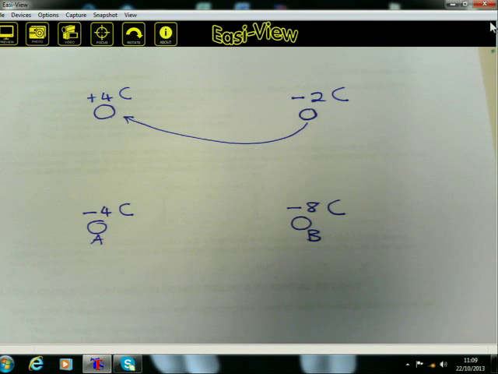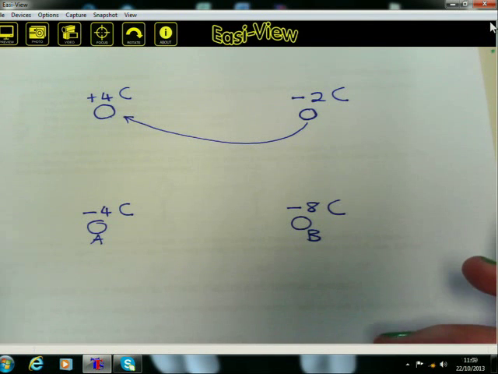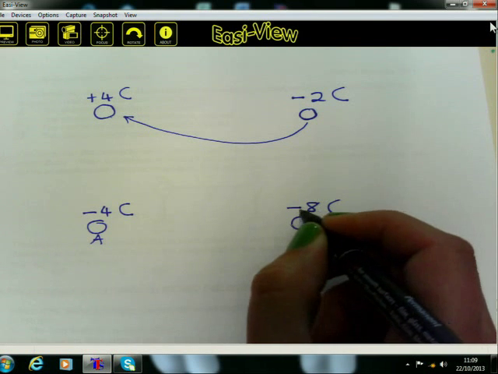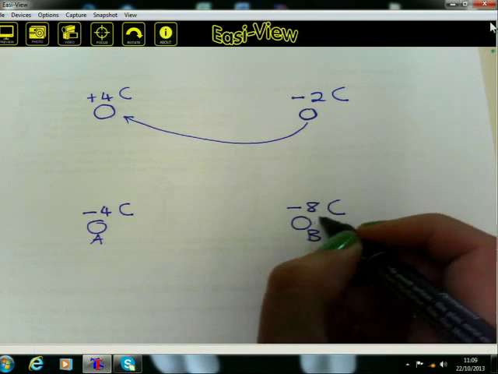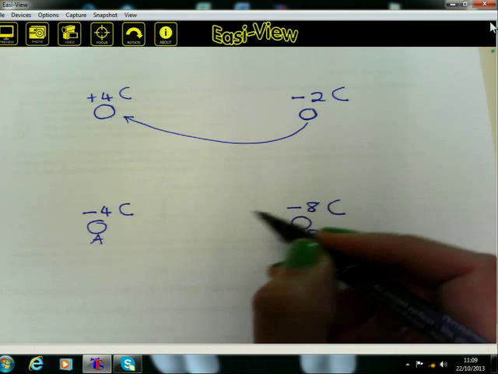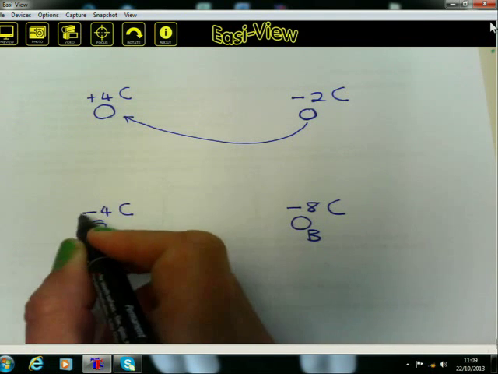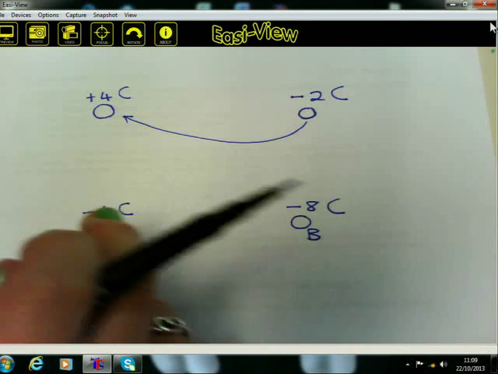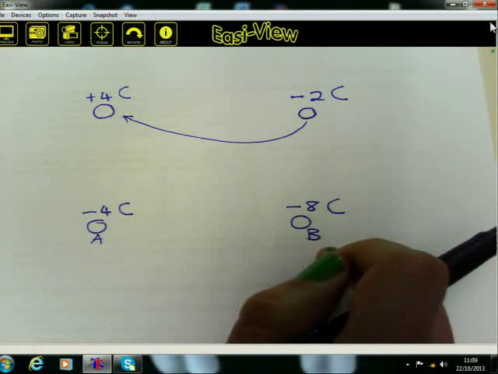Quickly decide for yourself. Which one is more negative? I hope you all agree with me that it's B. B is -8, so it's more negative. A is -4, so it's less negative. It's still negative, but it's more positive than B.